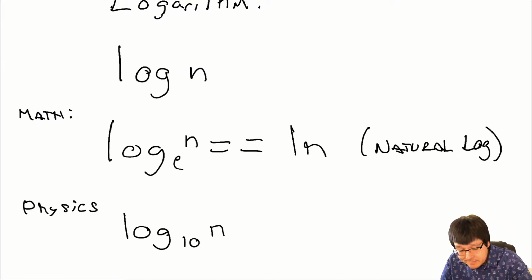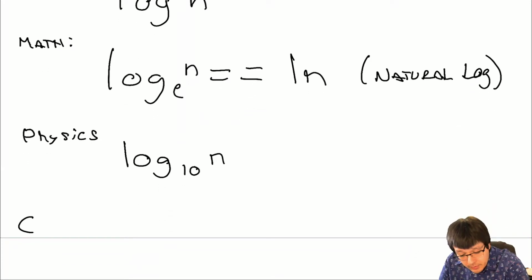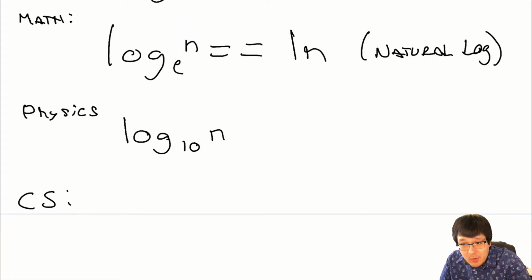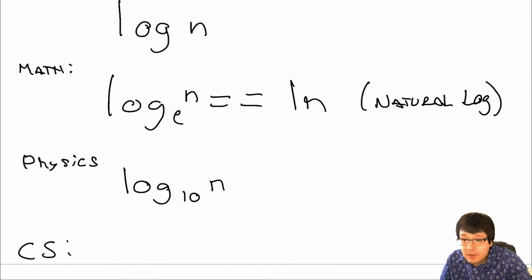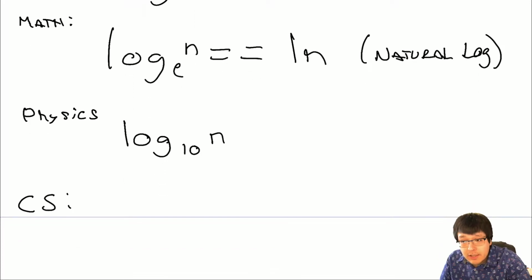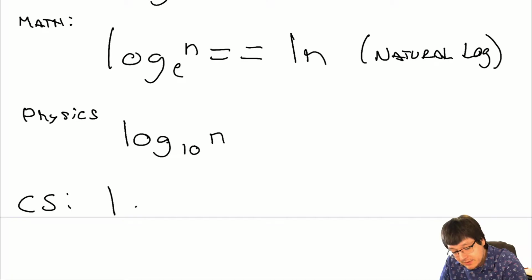However, we are CS people. When CS people see the word log n, we are not talking about base e, and we're not talking about base 10. What do you guys think? What do we love? We love binary, right? So we typically talk about log base 2.